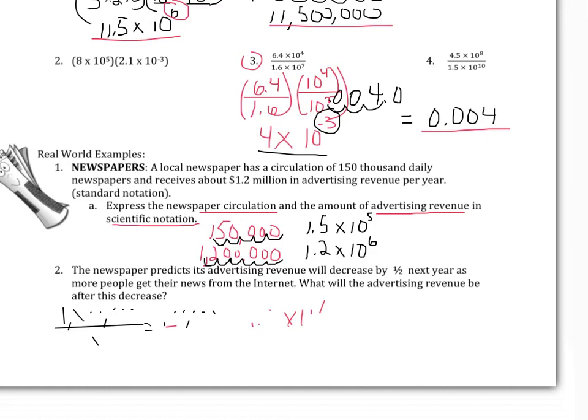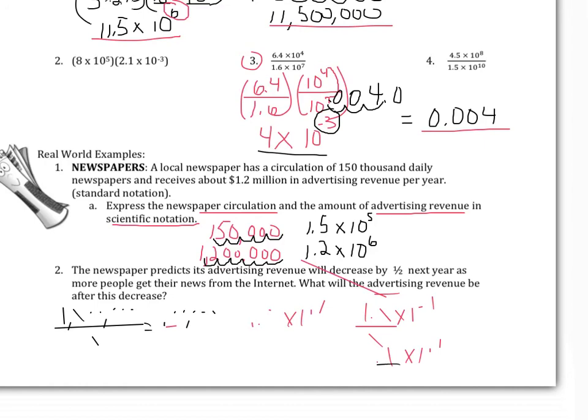Now we could also do this problem a different way. If we start with the number we had in our last problem, 1.2 times 10 to the 6th, if we just divide 1.2 by 2, then we get 0.6 times 10 to the 6th. But this isn't properly in scientific notation because the decimal point is over here.